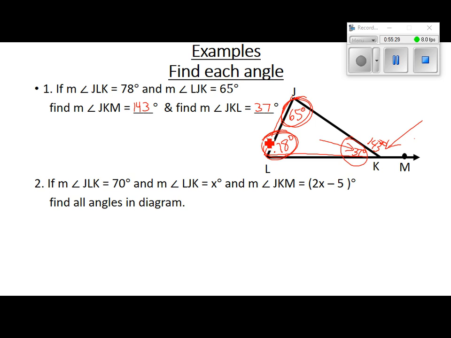Next one, if the measure of angle JLK equals 70, and the measure of angle LJK is x, and the measure of angle JKM is 2x minus 5. We're using the same picture. I'm just going to redraw it down here. J goes there, L goes there, K is there, and M is out here.